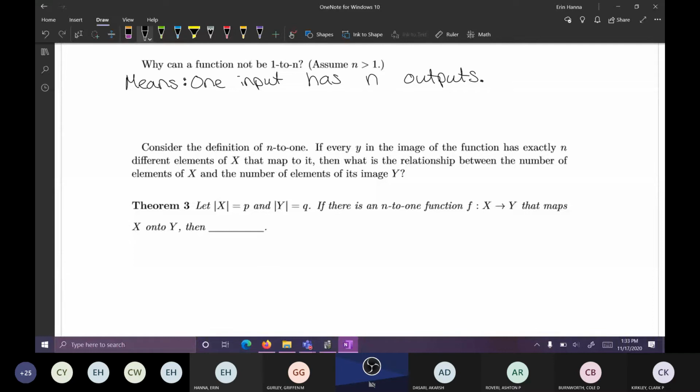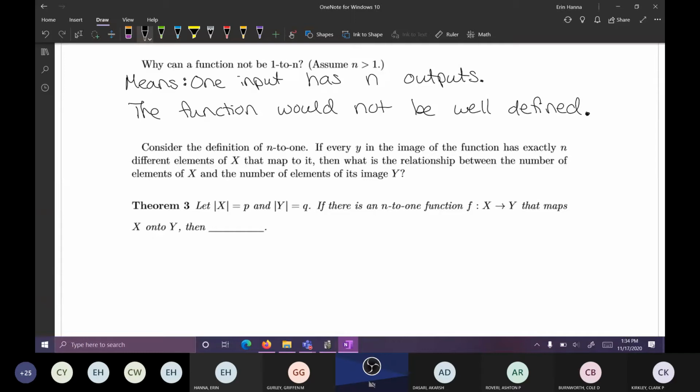Well, that can't happen because if we're asking this to be a function, remember, for something to be a function, every input can only have one output. If inputs have more than one output, that can be a relation, but it can't be a function. So the function would not be well defined.